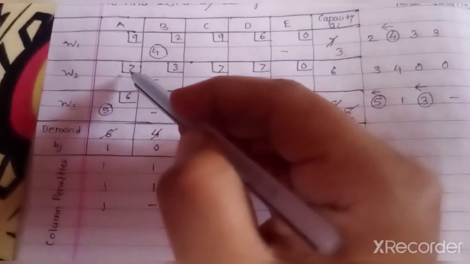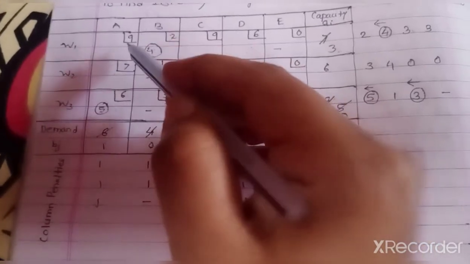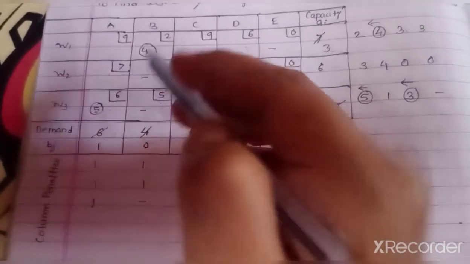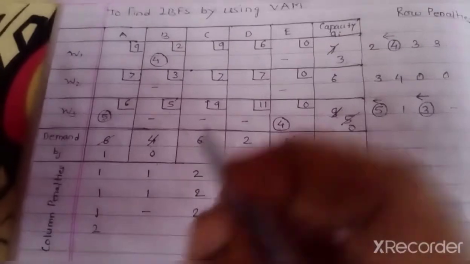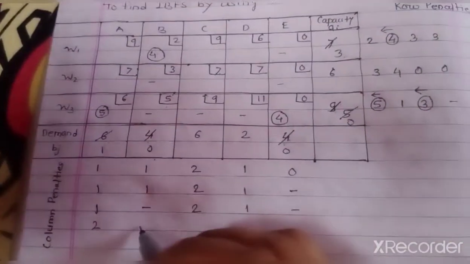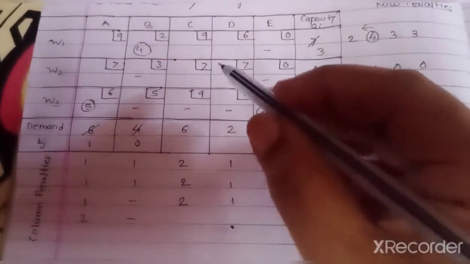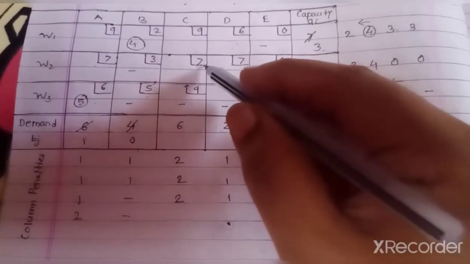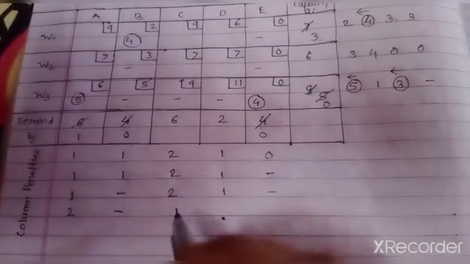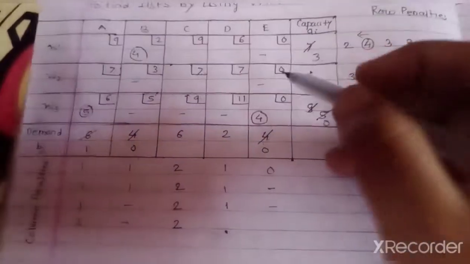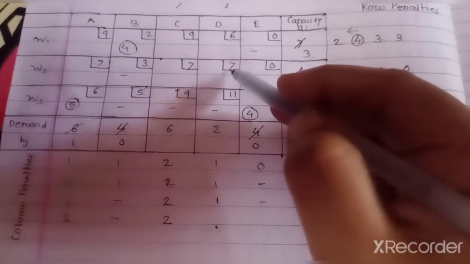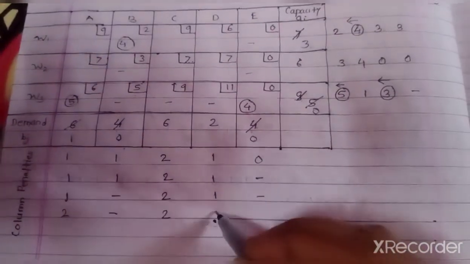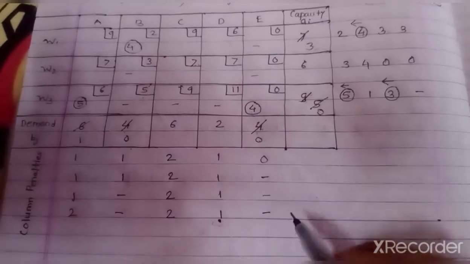The least cost is 7, next least cost is 9, difference between them is 2. Here the 0, so we mention a dash. Here the least cost is 7, next least cost is 9, difference is 2. Here the least cost is 6, next least cost is 7, difference between them is 1, and here we mention the dash.